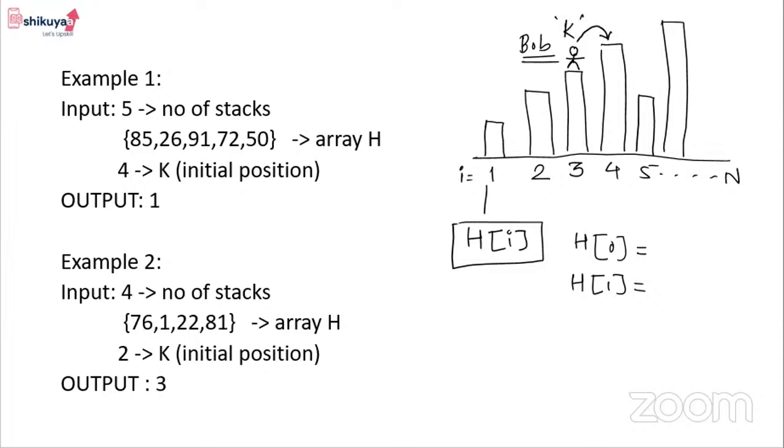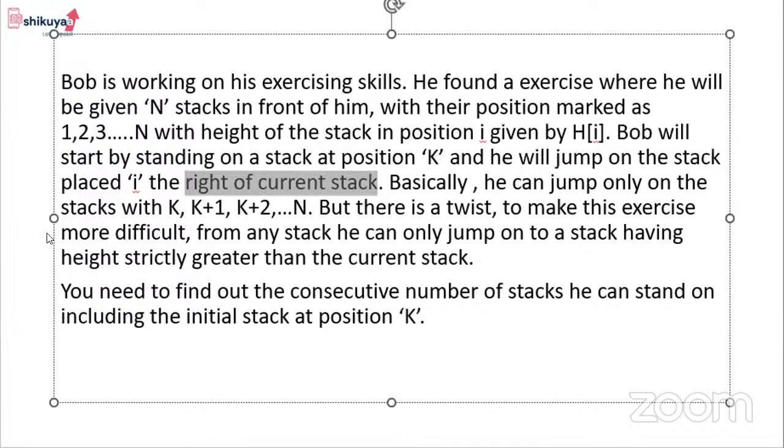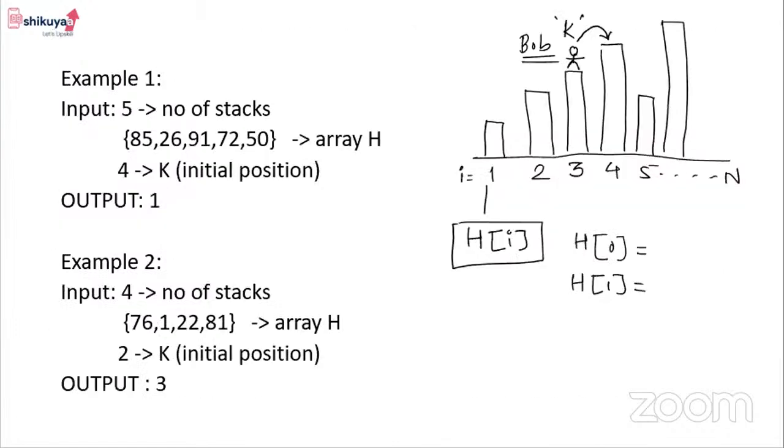If you read carefully, there is one condition: he can jump only onto the stacks which are to the right of the current stack. So Bob can jump from stack 3 to 4, from 4 to 5, from 5 to 6, that is, onto the stacks at the right side.